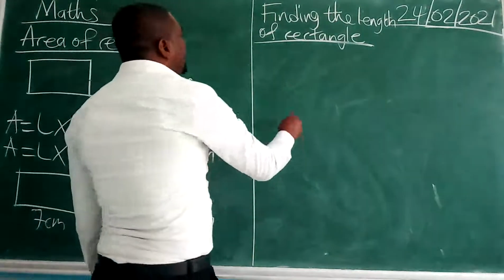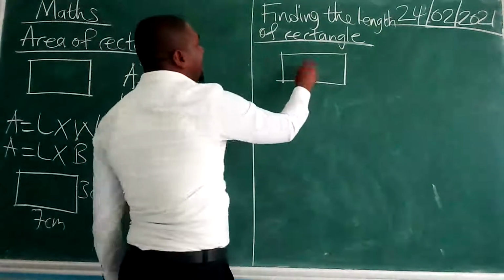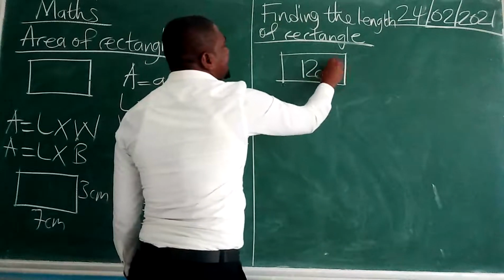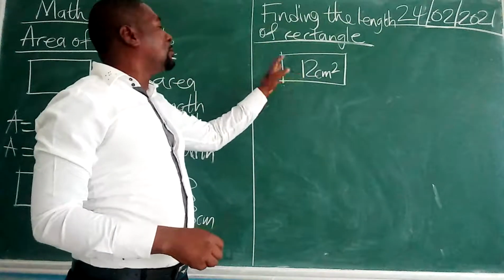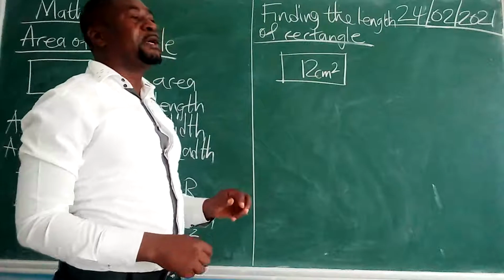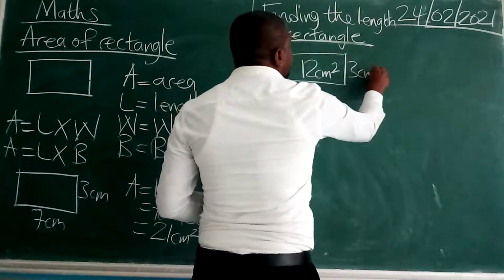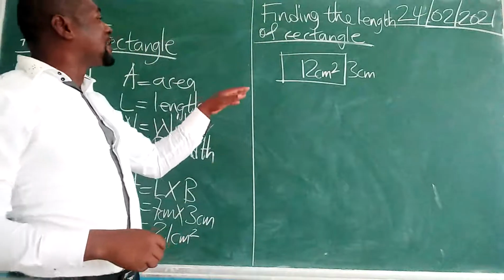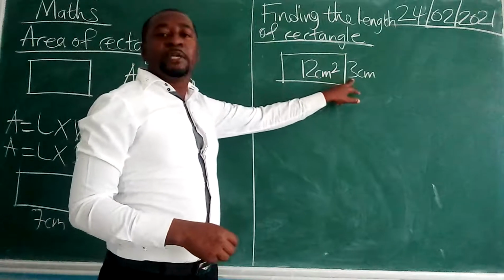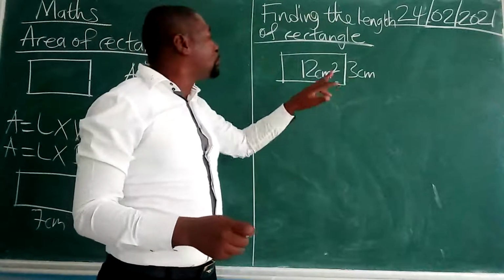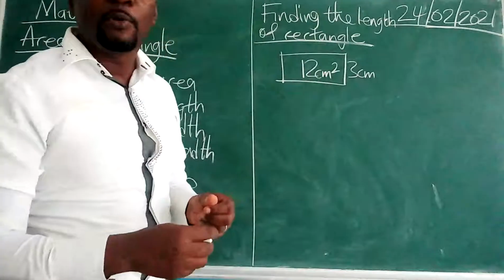Now, if I have a rectangle like this, and I've been given the area, 12 centimeters square, and the width or the breadth is 3 centimeters. To find this, the area has been given to you, then the width or the breadth has been given to you. So what you have to do is find the length.